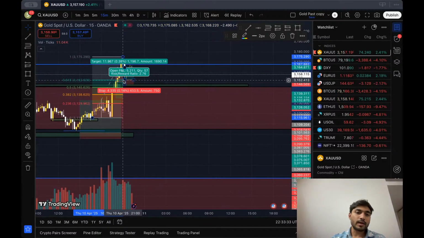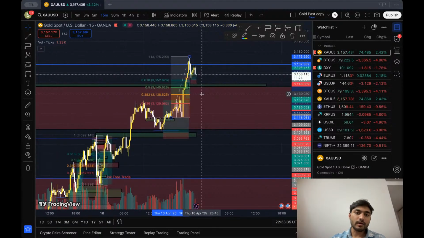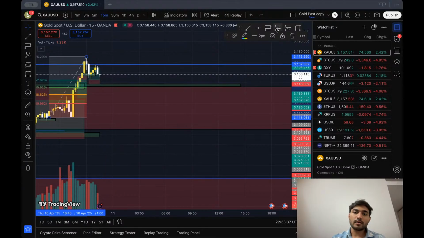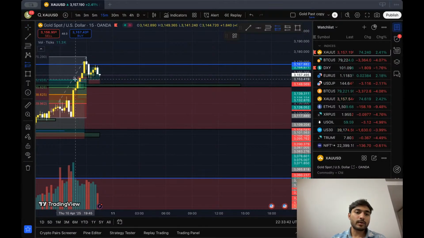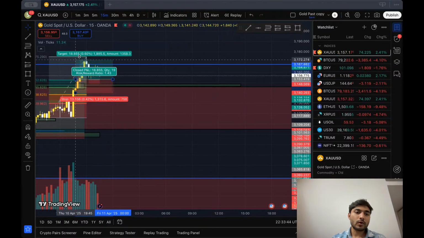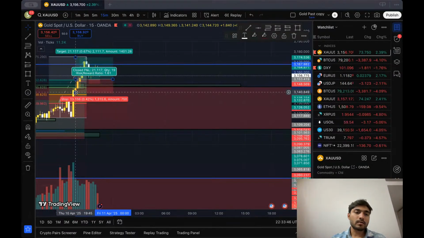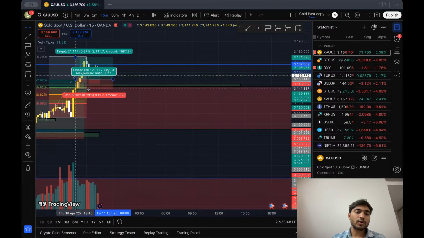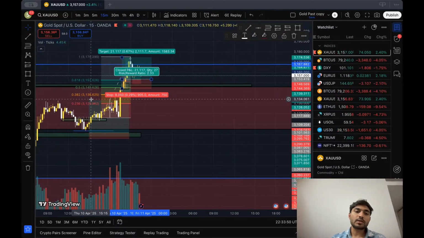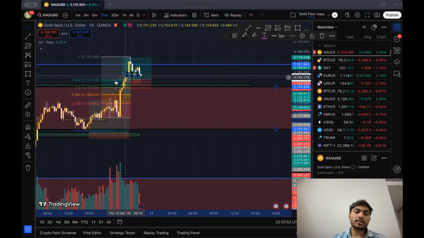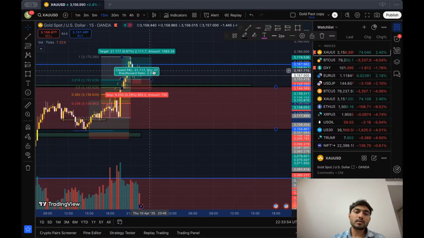If somebody is taking a Fibonacci level trade, you know how those trades are. We'll take a long position from the 50% level to the last high, and stop loss below the 60% level. So that is how Fibonacci works. It hasn't yet reached that level.